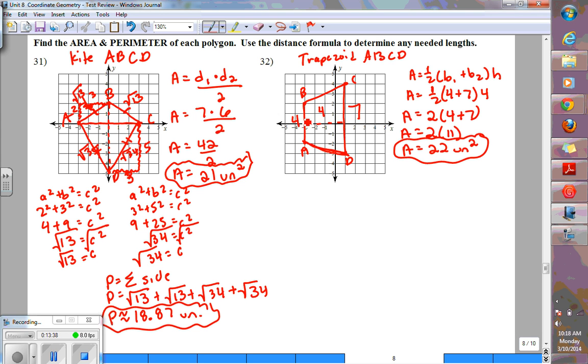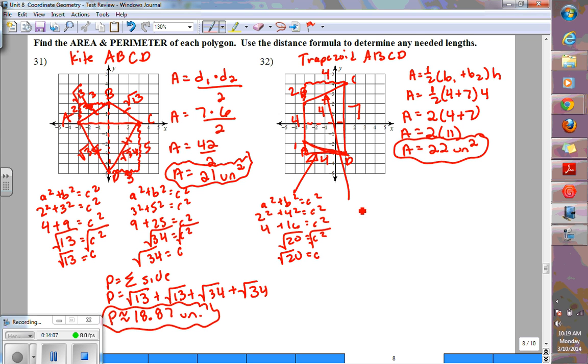Okay, for my perimeter, I know 2 of my sides currently. I need to find the other 2 sides. I'm going to need to do the distance formula twice. This one I have a 2 side and a 4 side. Down here I have a 1 side and a 4 side. 4 plus 16 is 20.